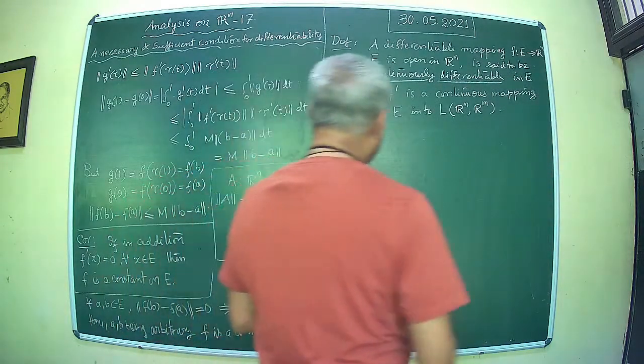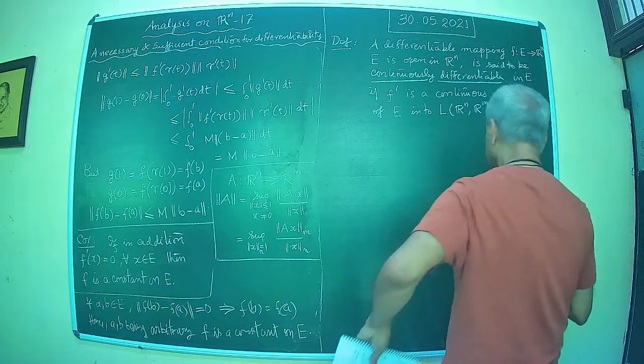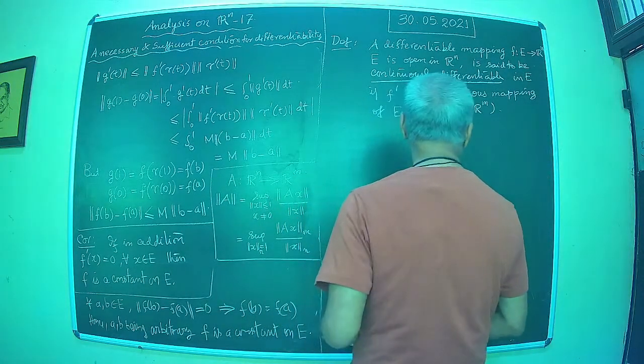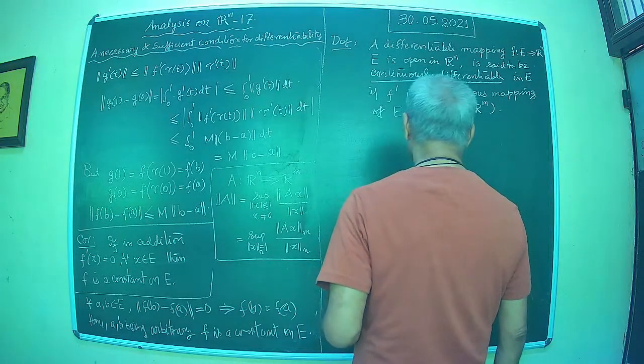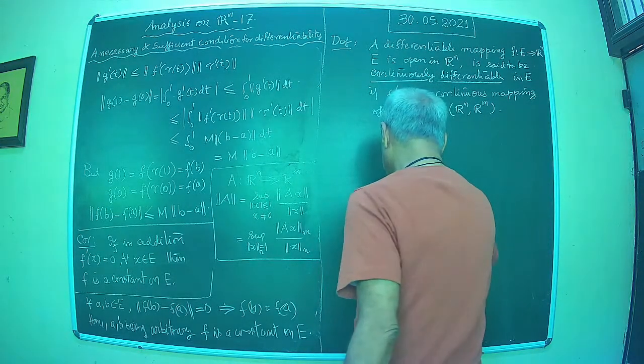So you have two spaces now. You have E and, see, let us just write it up. We'll elaborate the whole idea.